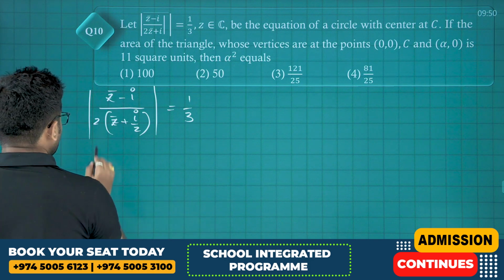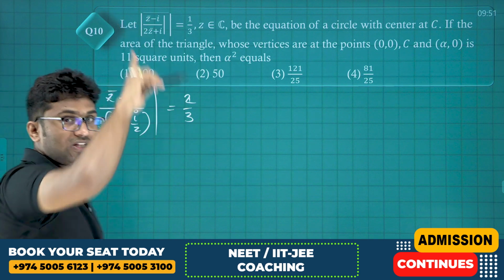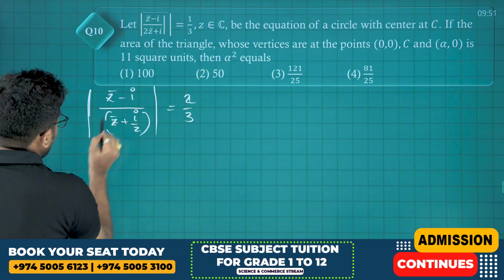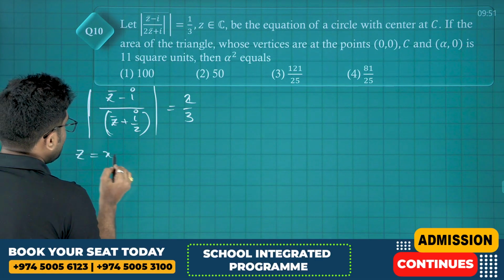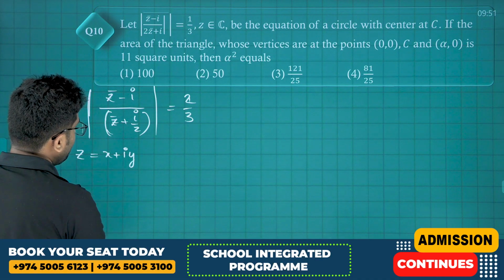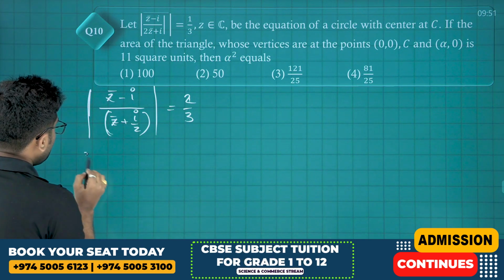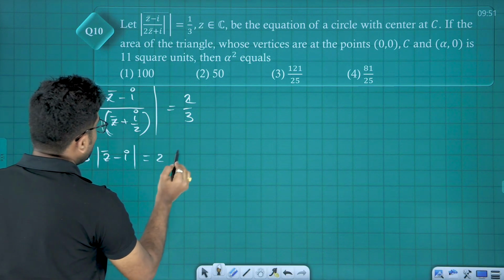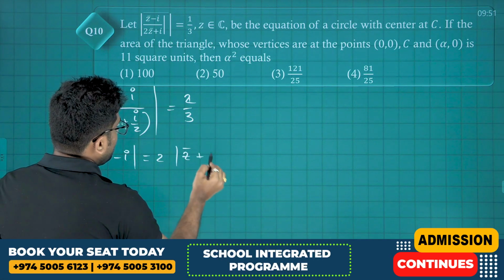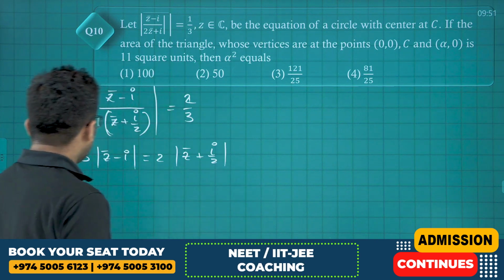Now I take this 2 to the other side, that becomes 2 by 3. Okay, we'll cross multiply first. 3 times modulus of z bar minus i is equal to 2 times modulus of z bar plus i by 2.